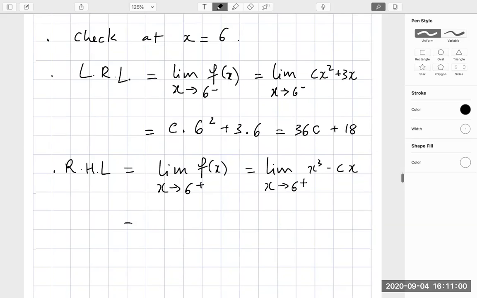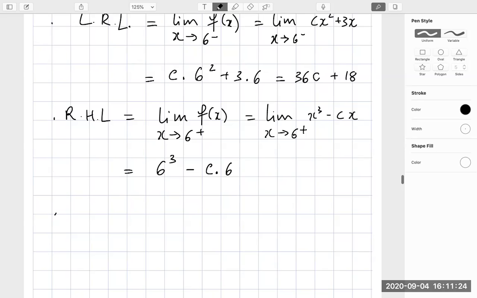Again, this function is continuous on R, therefore it is continuous at x equal to 6. So the value of this limit will be the evaluation of this at 6, which is 6 cubed minus c times 6.